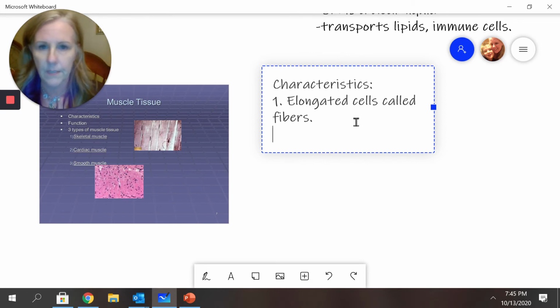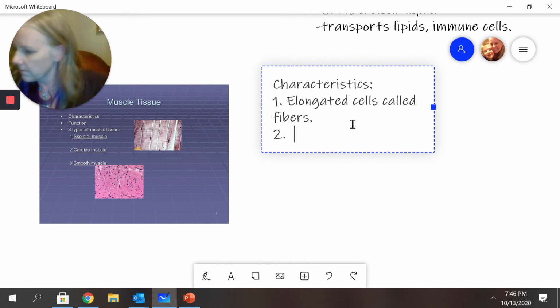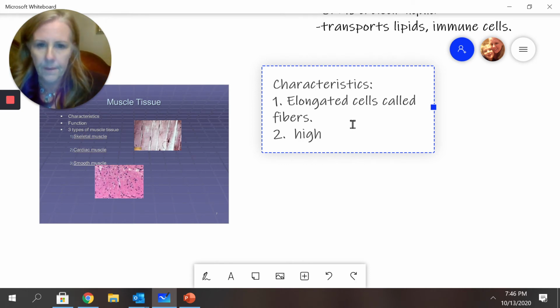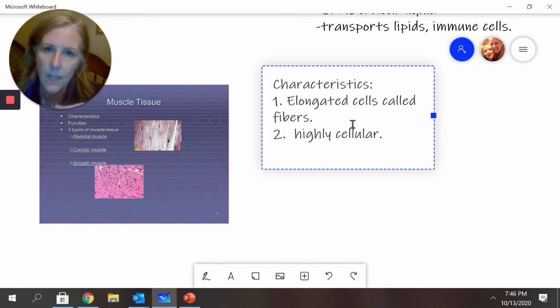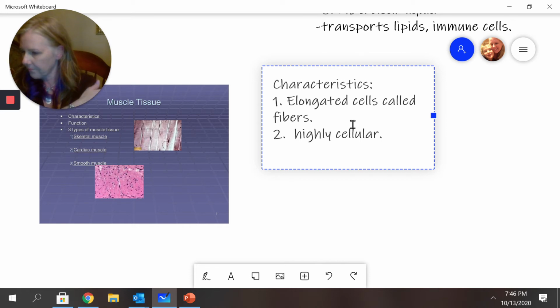They look way different than the rest of the cells. That's most of the muscle cells. Thinking of the tissue, it is highly cellular, so muscle tissue has lots of cells within that tissue.